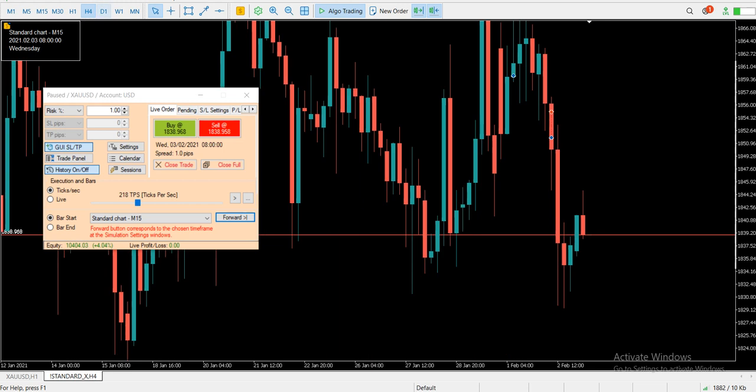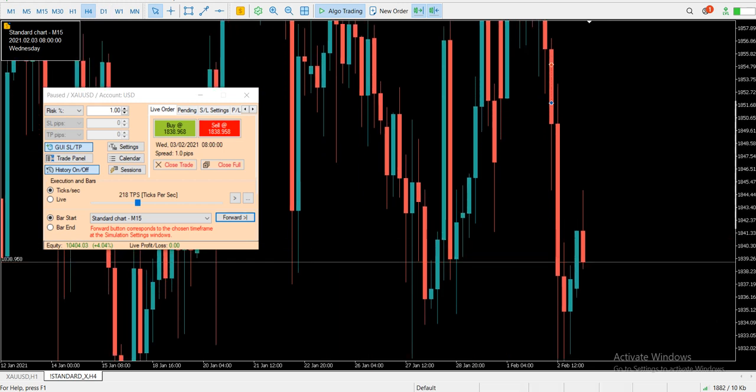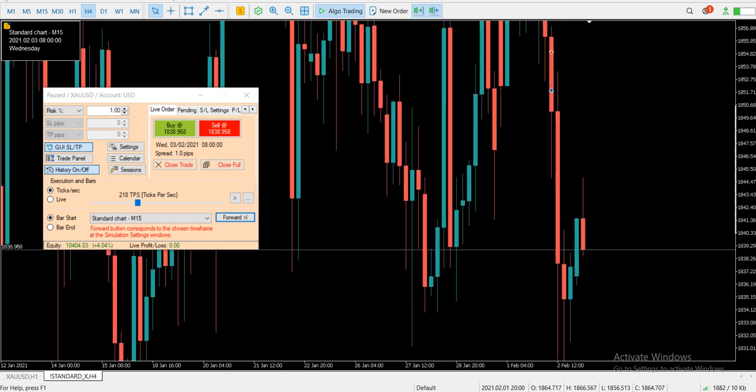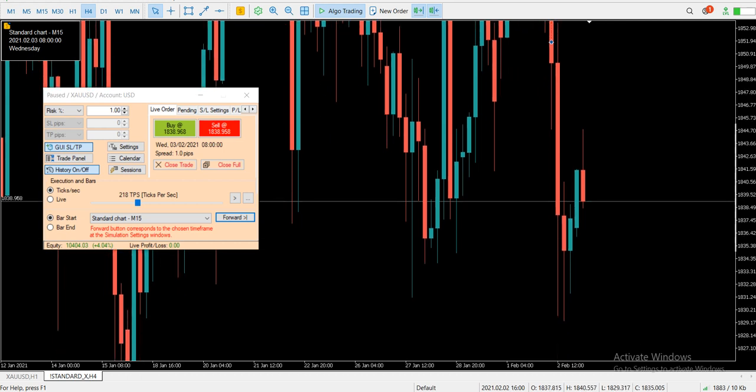Looking at the 4 hour, candle closed bearish, price went down, made a low, went up, created resistance. Now there's a very high chance that the next candle could wick up and then touch these lows. So we need a resistance forming on the smaller time frame.